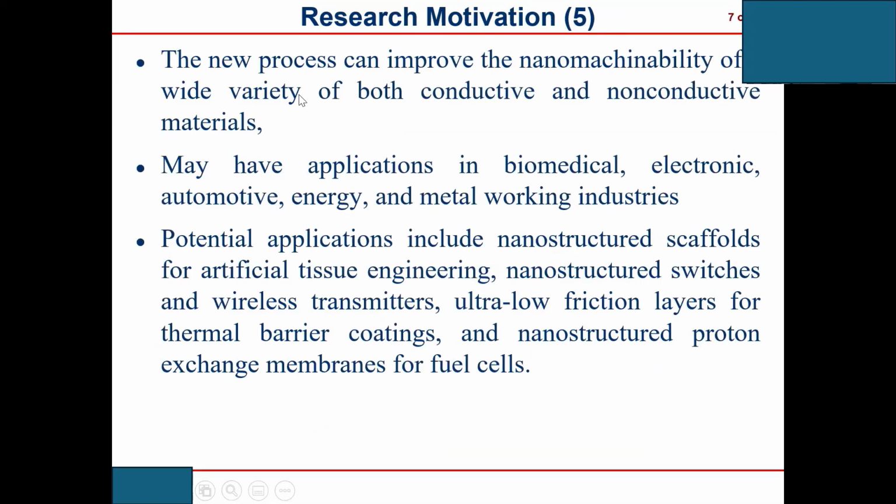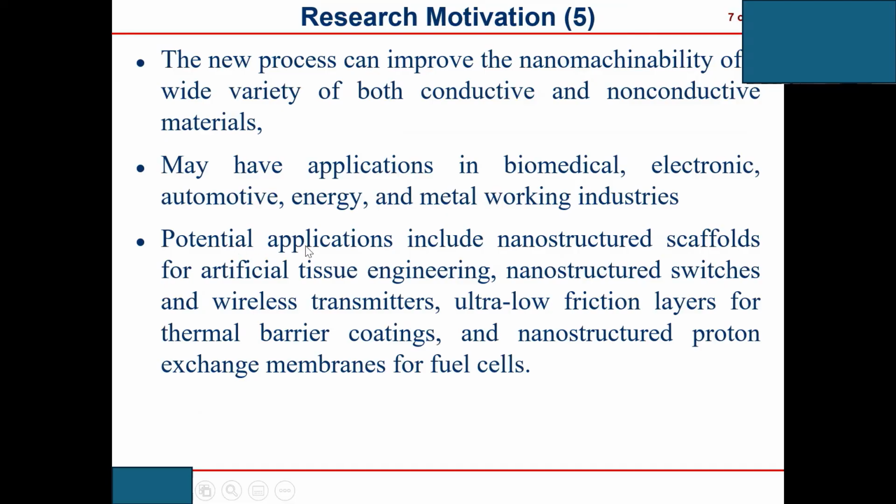This new method can improve the nano machinability of a wide variety of both conductive and non-conductive materials. It may have applications in biomedical, electronic, automotive, energy, and metalworking industries.